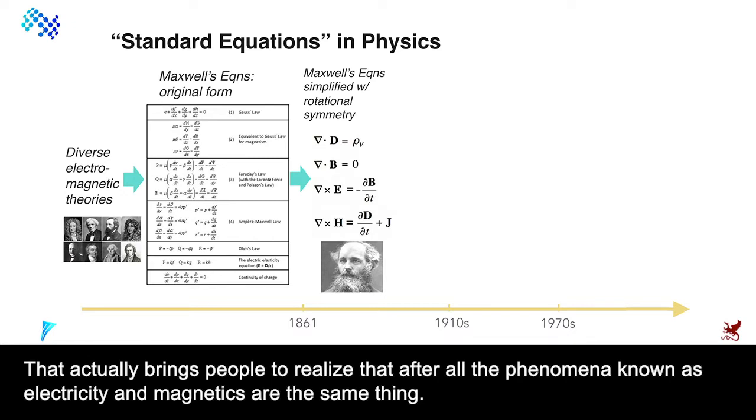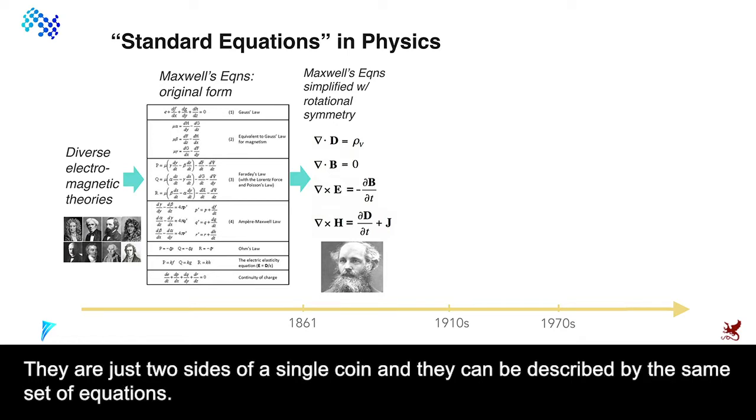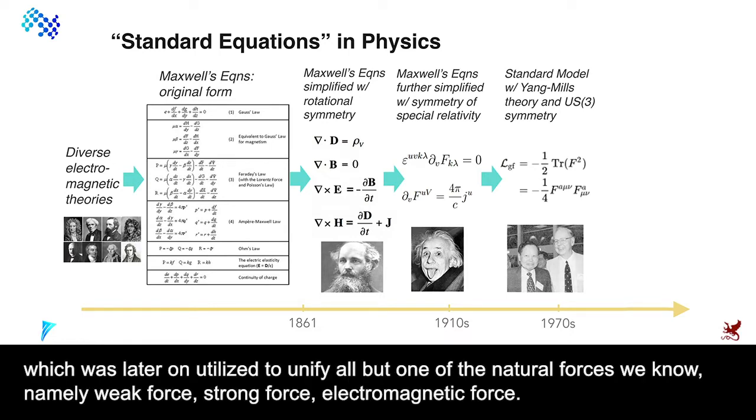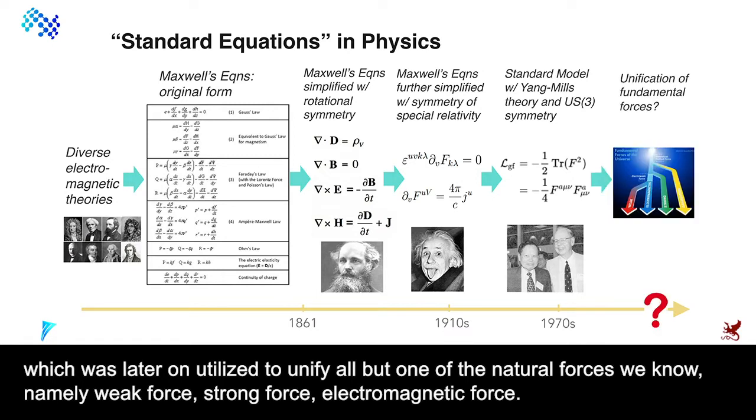That actually brings people to realize that, after all, the phenomena known as electricity and magnetism are the same thing. They are just the two sides of a single coin, and they can be described by the same set of equations. About 50 years ago, Yang and Mills presented a standard model for physics, which was later utilized to unify all but one of the natural forces we know, namely weak force, strong force, electromagnetic force.